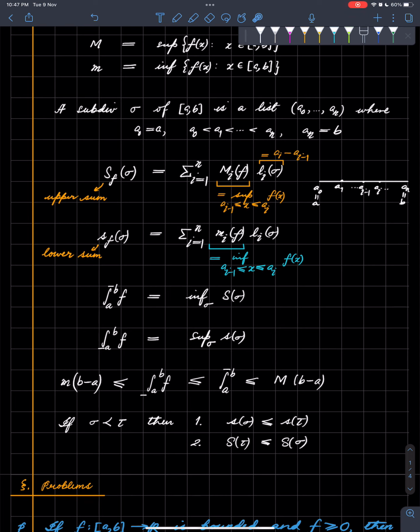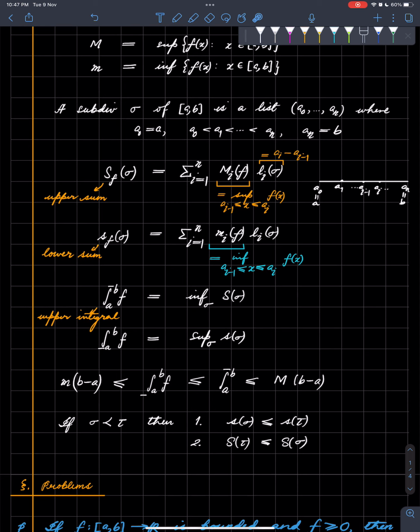And then we define the upper integral of f as the infimum of all the upper sums that are possible by taking all the subdivisions.